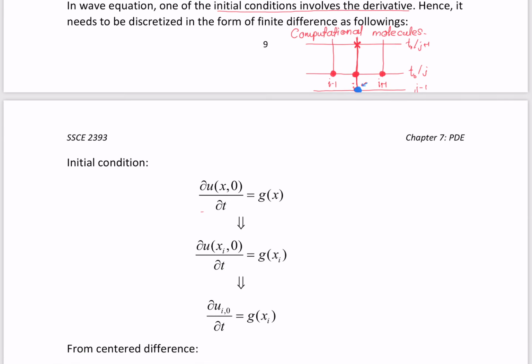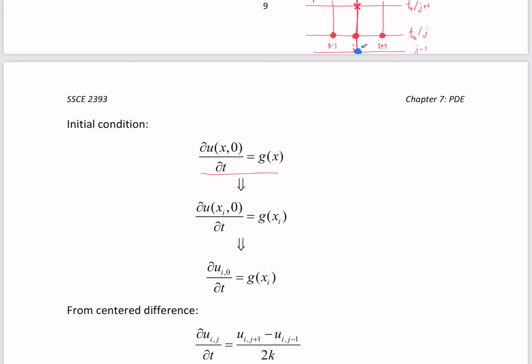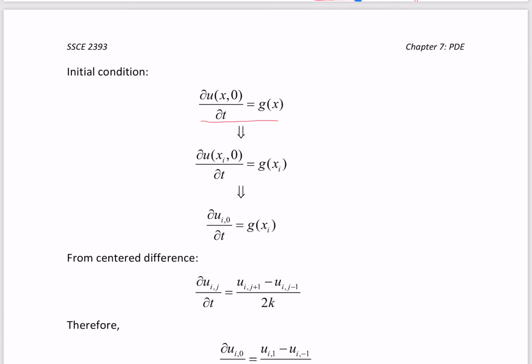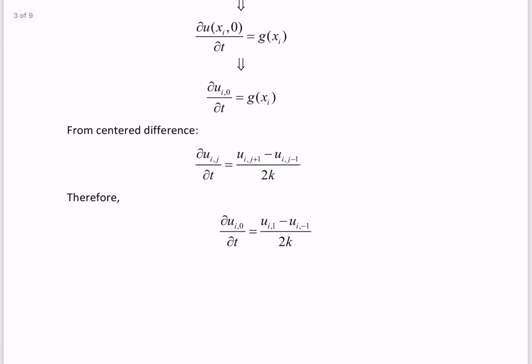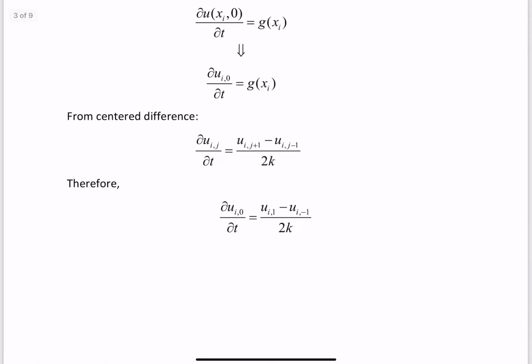So this is the original initial condition: partial u, partial t at x0 is equal to any kind of function, and then we can write it like this, so that you will get partial u, partial t at i0. We will use a centered difference formula for the first derivative also, and because this is with respect to t, we have j plus 1 minus j minus 1, and this is centered difference.